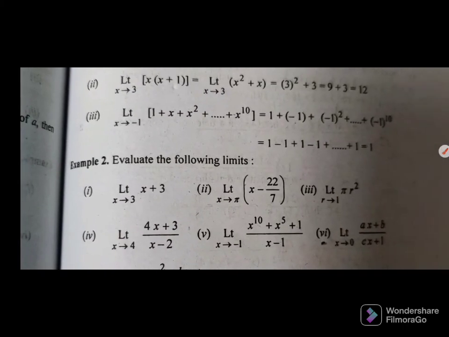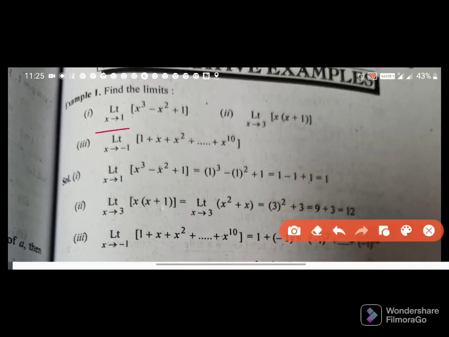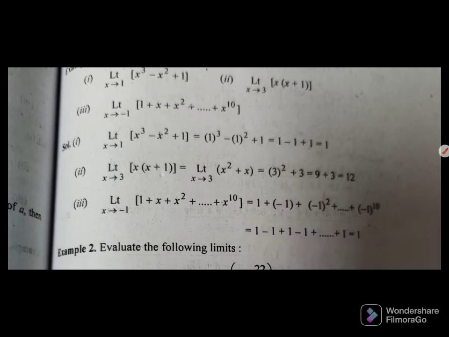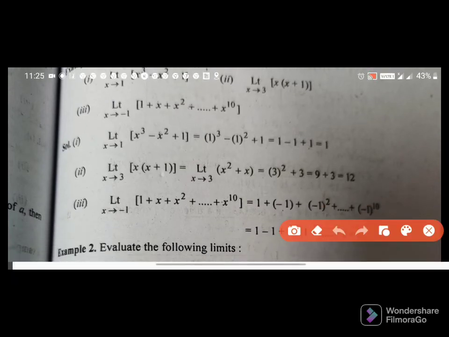Now let us solve some examples to clarify the concept of limits. Find the limits. Limit x tends to 1, x cube minus x square plus 1. Now replace x by 1, that is 1 cube minus 1 square plus 1. 1 cube is equal to 1, minus 1 and plus 1, the 1s cancel, and it is equal to 1.